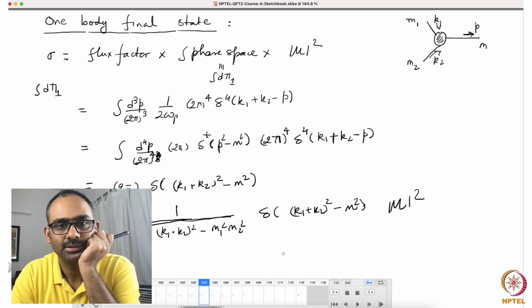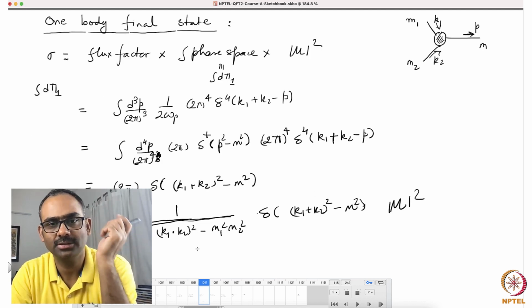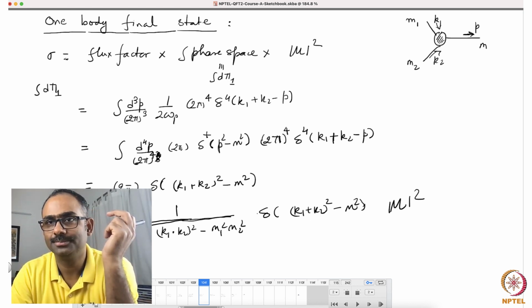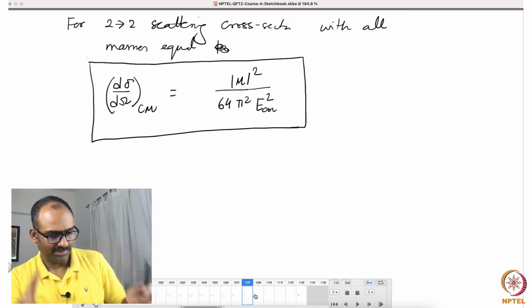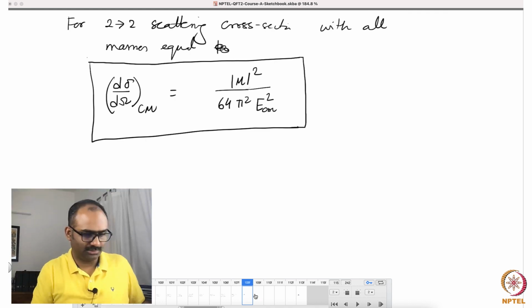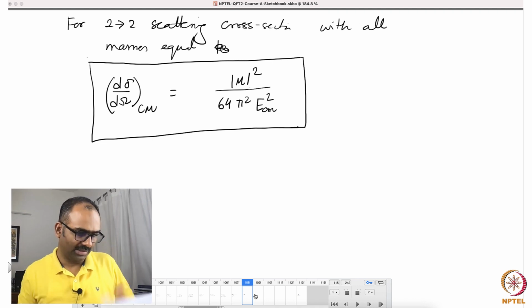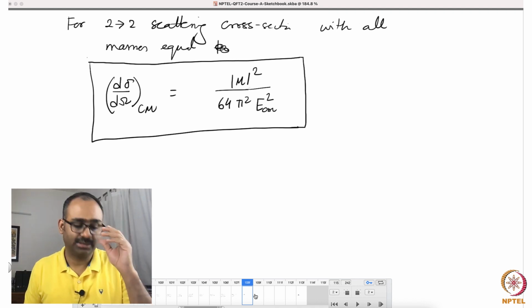Let's check. One body, the cross section was proportional to a delta function, which was ensuring that k1 plus k2 squared is equal to m square. Okay, but here you don't have a delta function left. But that's a useful formula to remember, and we'll continue our discussion in the next video.